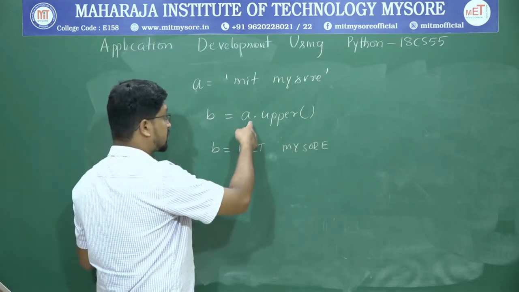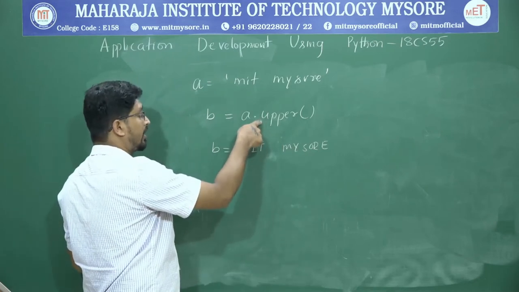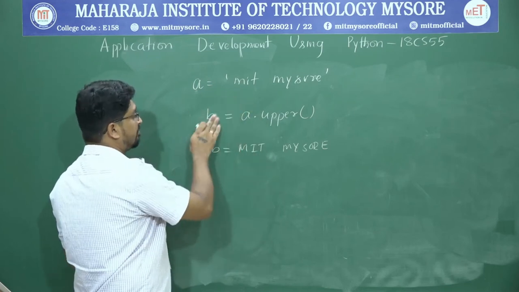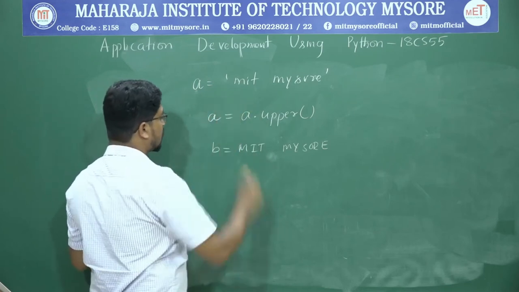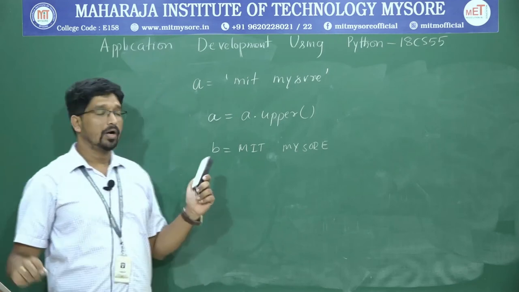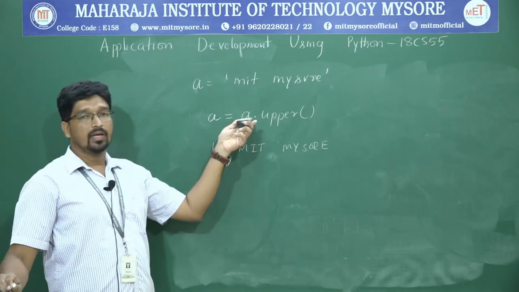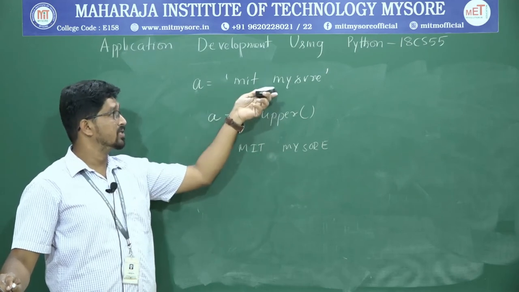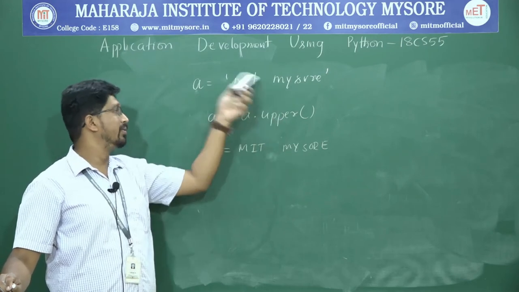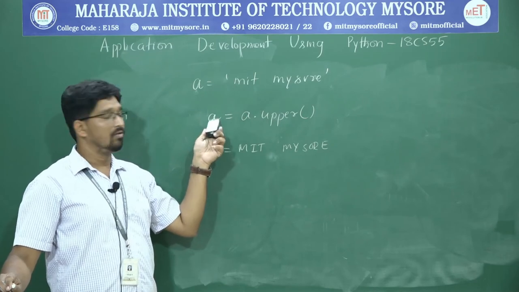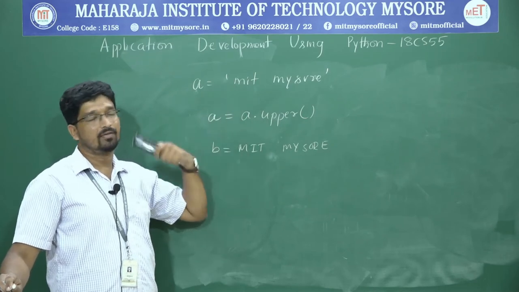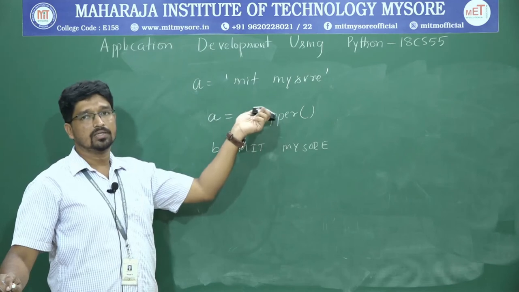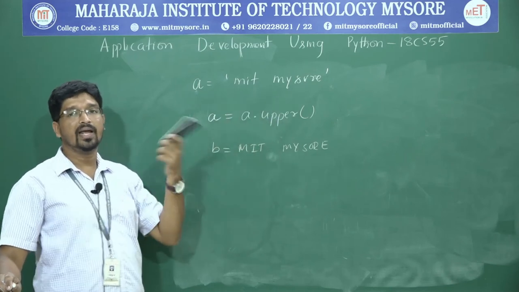But if you want to store the uppercase letters in A itself, then you should simply say A is equal to A dot upper. Now what happens? A dot upper is the data that will be converted to upper and it will be stored back to A itself. Here we are not changing a single character, we are changing the whole string, which means we are reassigning.